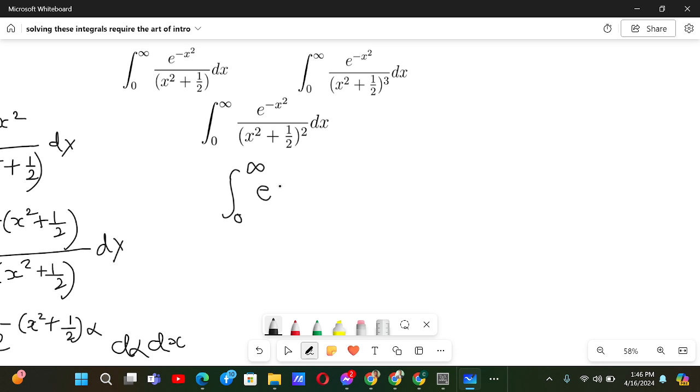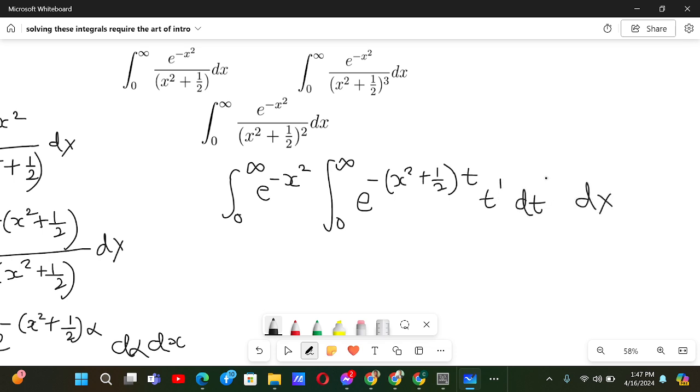For this expression we can introduce another integral, with s as x squared plus 1/2. So this is our s, and then the integral of e to the power minus s t, t to the power 1, dt. We introduce this integral because we know that if this expression was s, it would just be gamma of 2 over s squared.